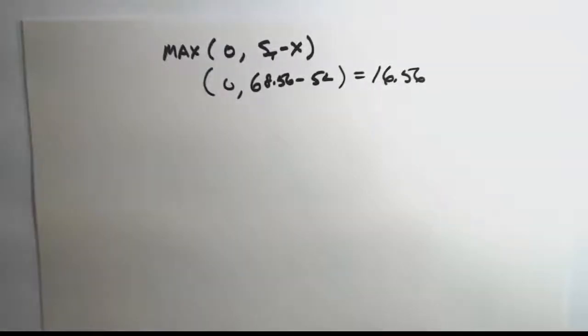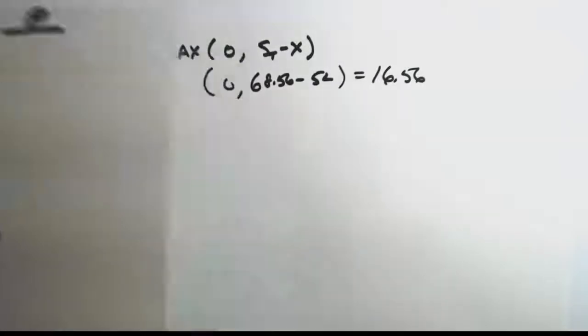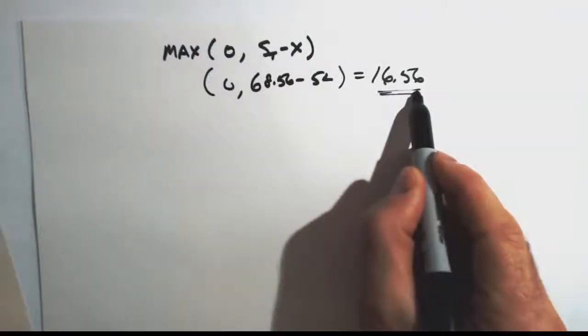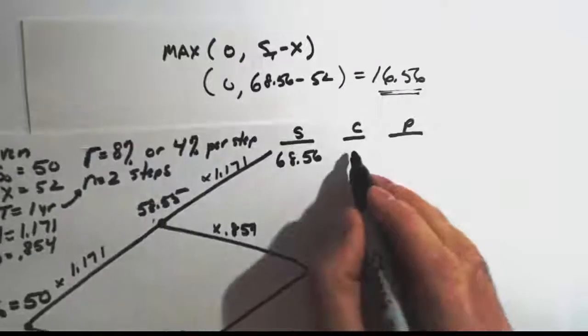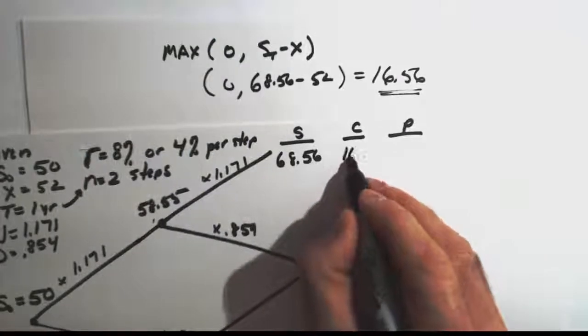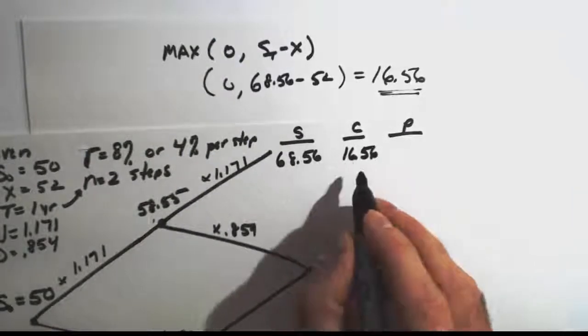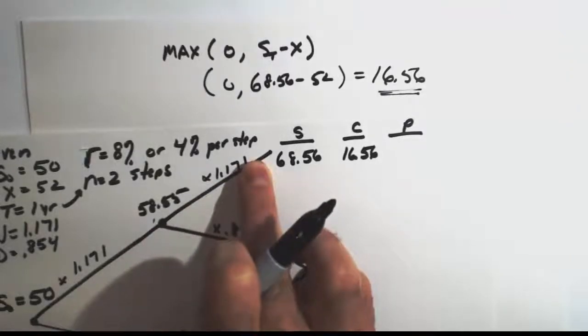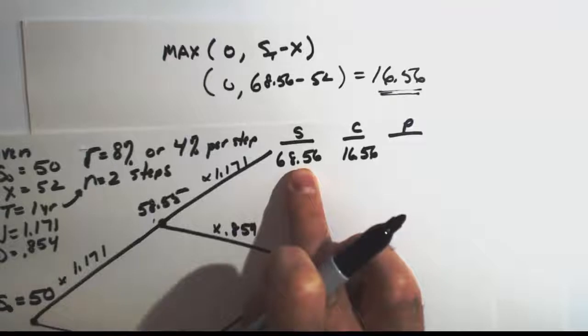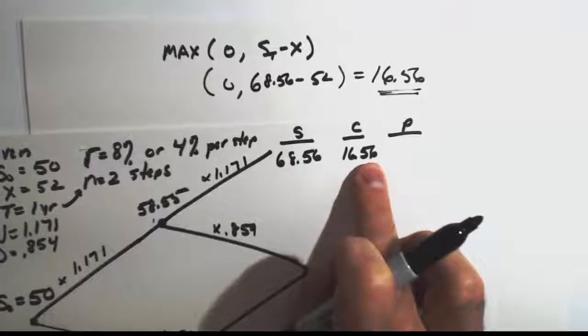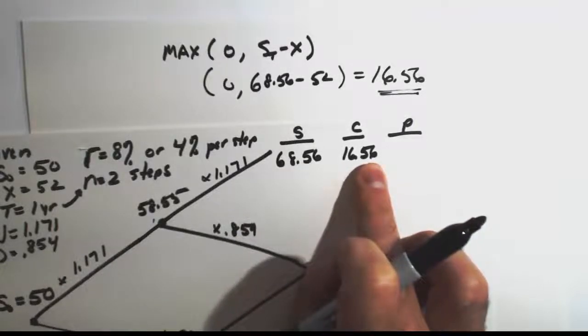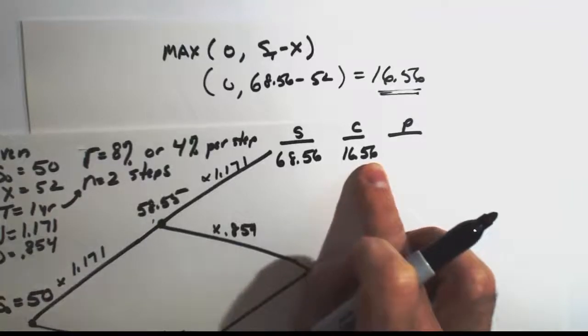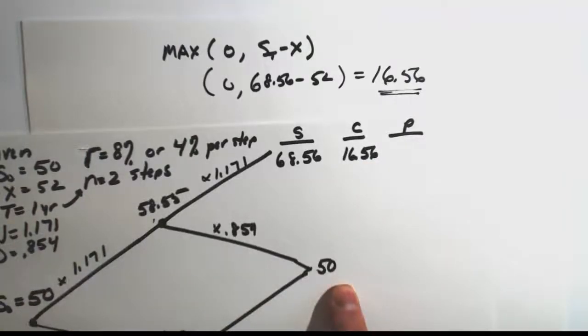And that is the payoff, the value of the option at expiration. If the stock goes up once and then goes up again, the stock will be 68.56 at expiration. That implies the call must be 16.56.